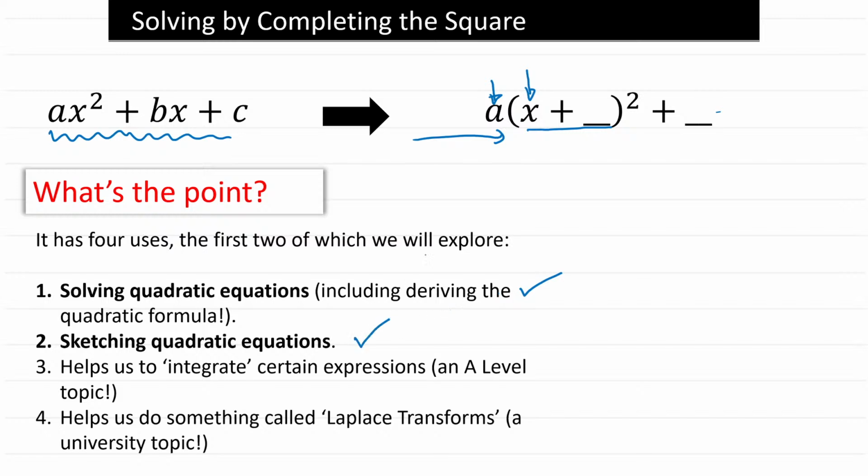We're going to find what the minimum point is, what the other points are, and the y-intercept. We are going to learn that next week, because I don't think we'll be able to cover that today in this session.